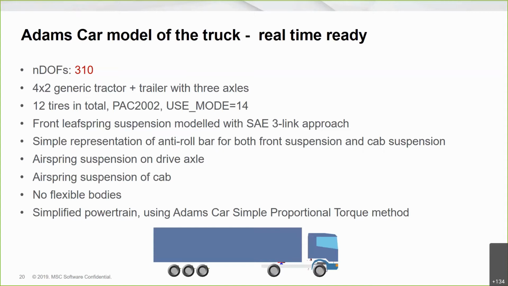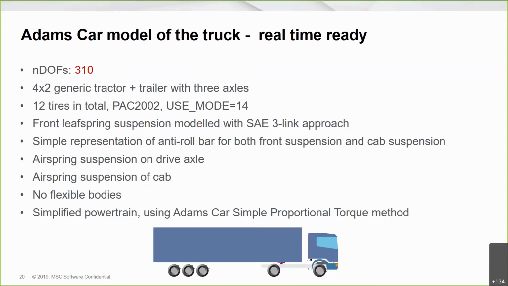And in order to do that, usually we don't include any flexible bodies, and we use a rather simplified, for example, anti-roll bar. And typically we don't include complex tires like FTire into those simulations.